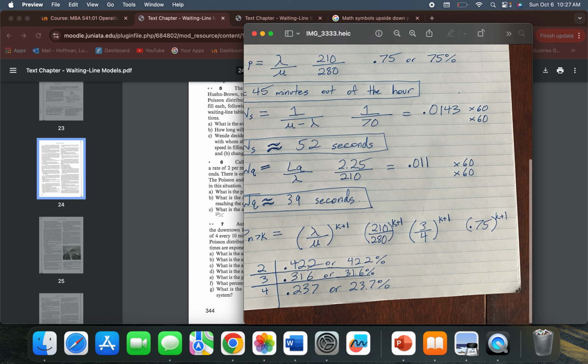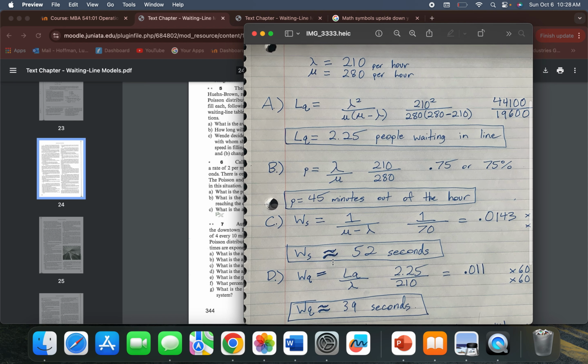All these are just percentages, and it keeps going down. The chance for there to be 3 or more is 31.6%, and for 4 it's 23.7%. That's just plugging in these numbers, and that is all the answers.